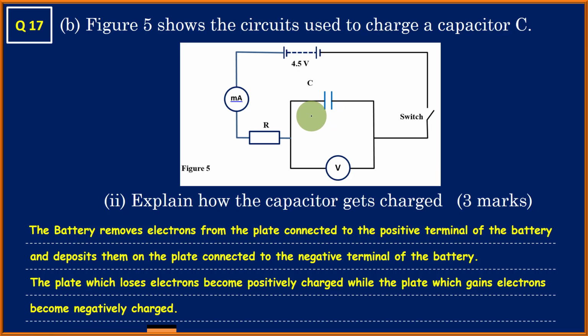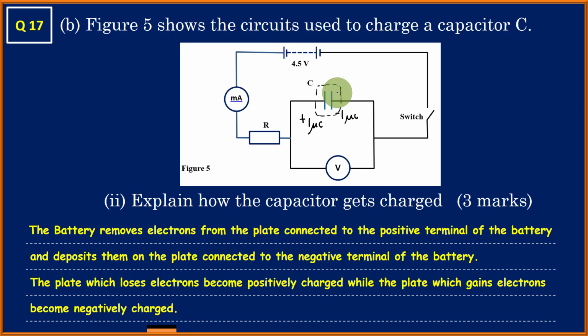Now let's say this plate here will acquire a positive charge of 1 microcoulomb. This other one will acquire a negative charge of negative 1 microcoulomb. When you are considering the object in totality, the capacitor as a whole, you will find that the positive charge is equal in magnitude to the negative charge. So when you combine them together, you will find that the capacitor is neutral.